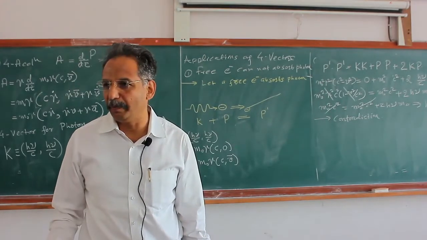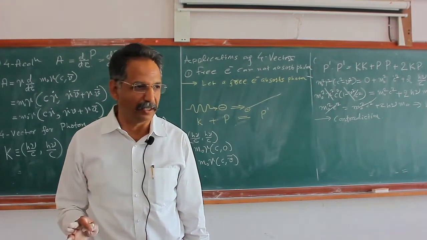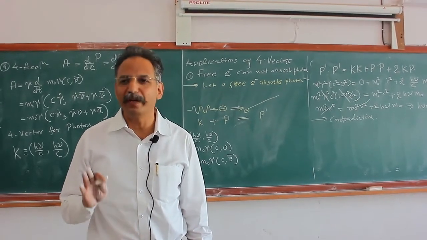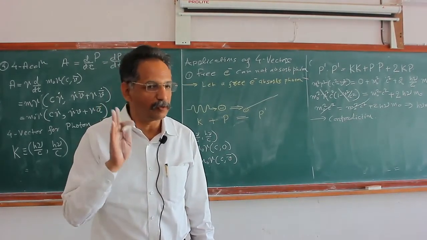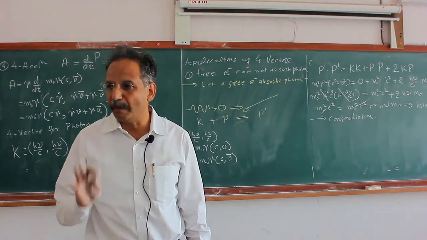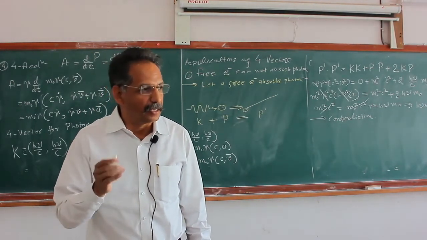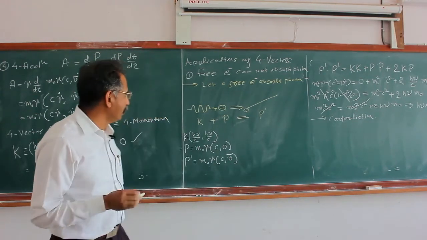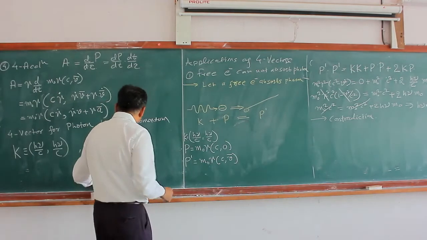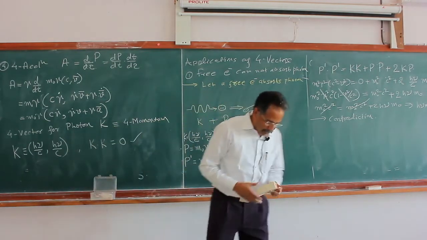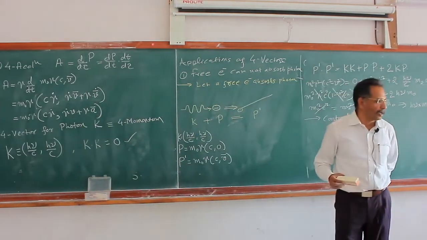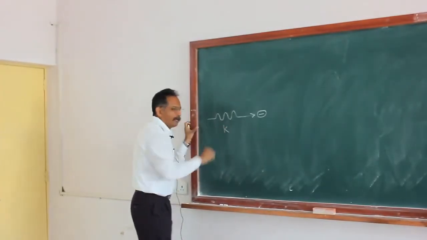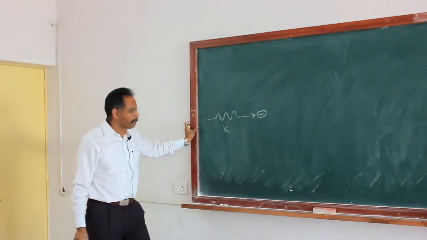Now I hope everyone is conversant with Compton's effect, and now we can apply this 4 vector theory to Compton effect, and in 5-6 steps we can derive that formula for delta lambda, Compton shift. The incident photon has 4 momentum k.